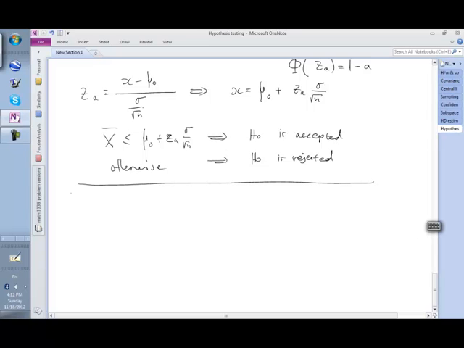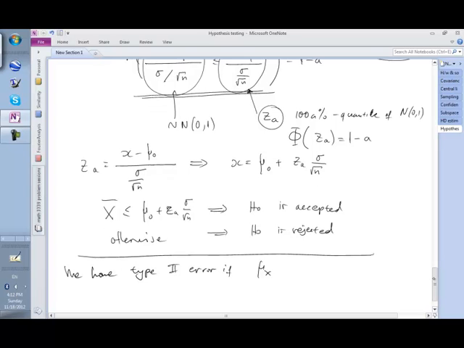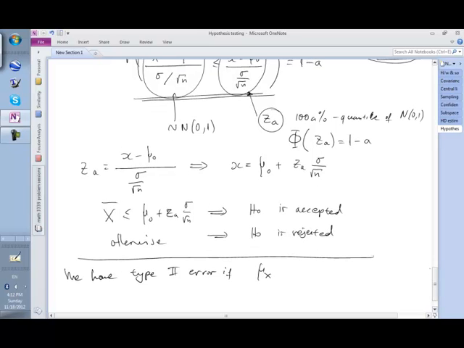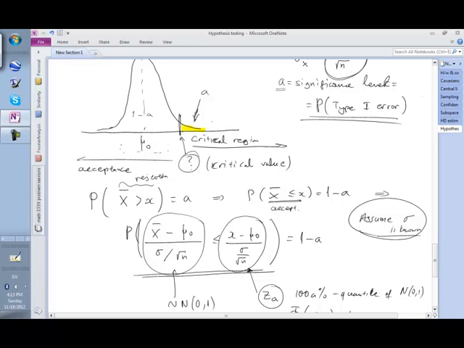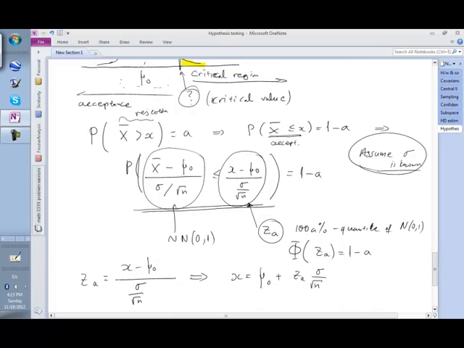So we have a type 2 error if the mean of x, based on the fact that we're doing a one-sided, what we call a right tail test. This was a right tail test because the critical region is to the right.